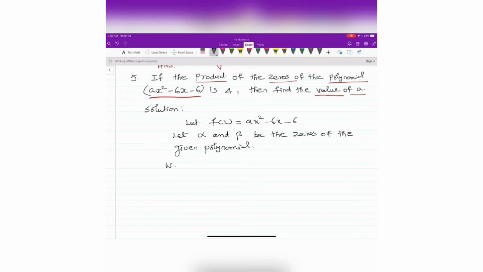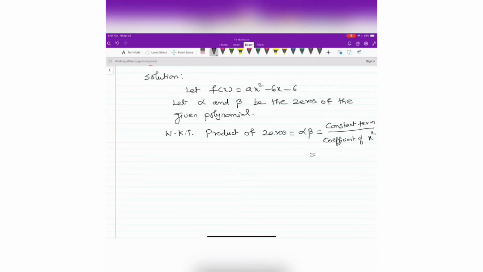We know that product of zeros is equal to alpha beta is equal to constant term by coefficient of x square. Now write this as c by a.